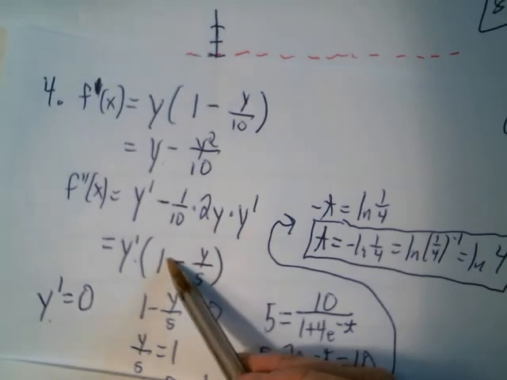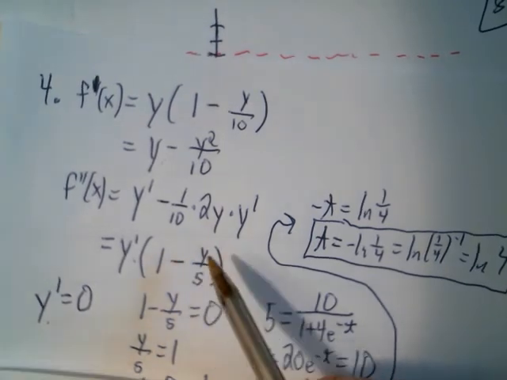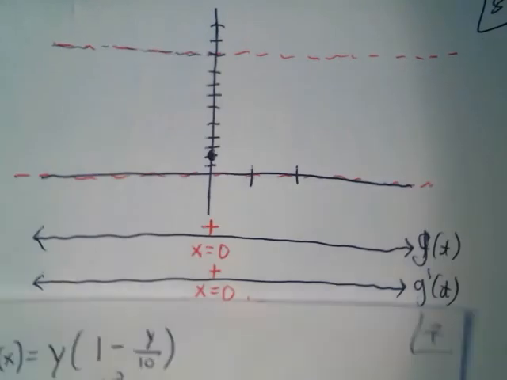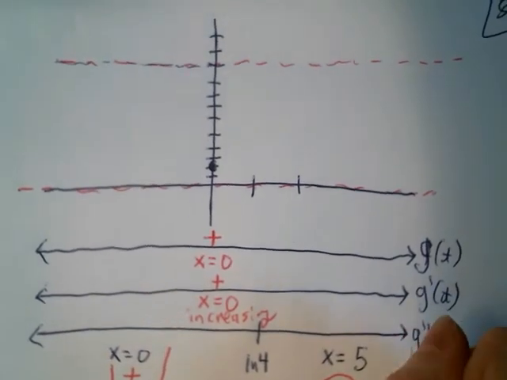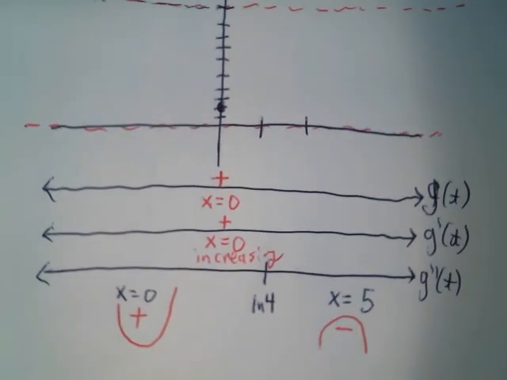So I believe this is going to be negative this time. I'm not going to go through and get my calculator out, but if you figured it out, it would be negative, concave down.